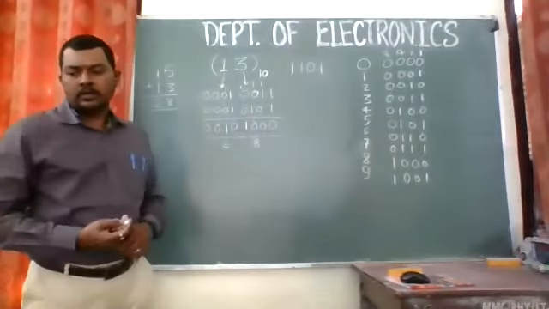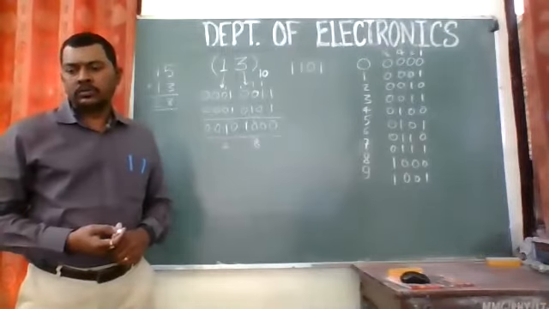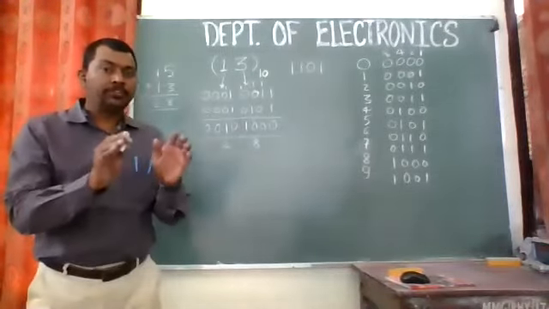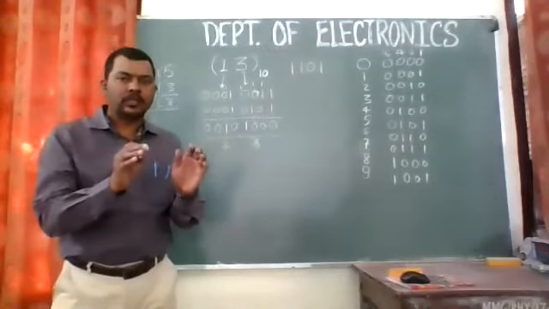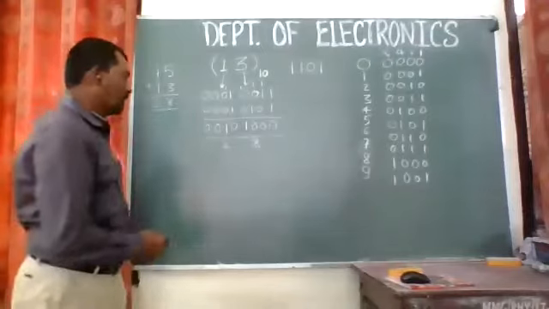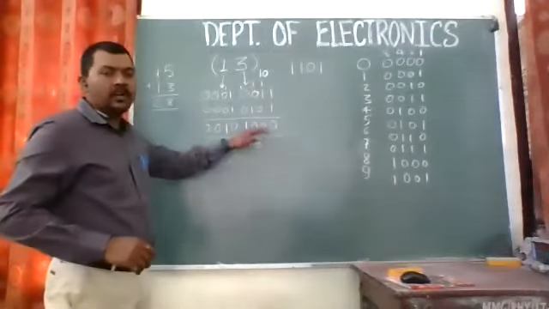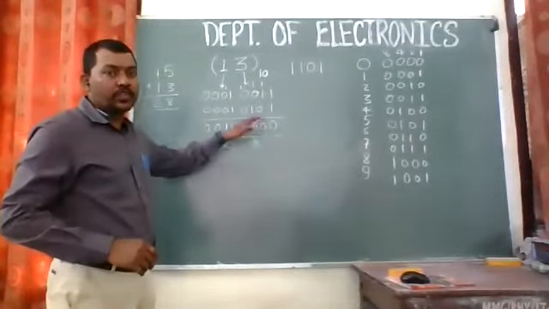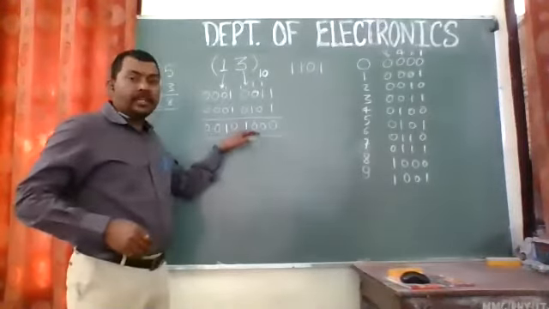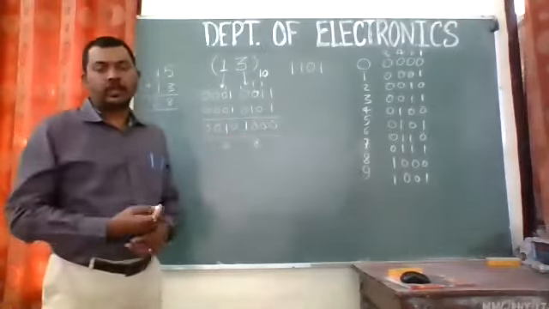Have you understood this? Yes, sir. Great. So we'll try one more numerical in which there is a problem. What happens if a carry is generated in the first 4 bits, or if it exceeds 9?